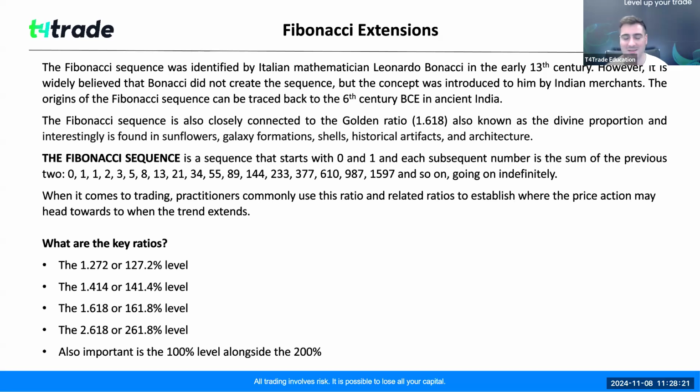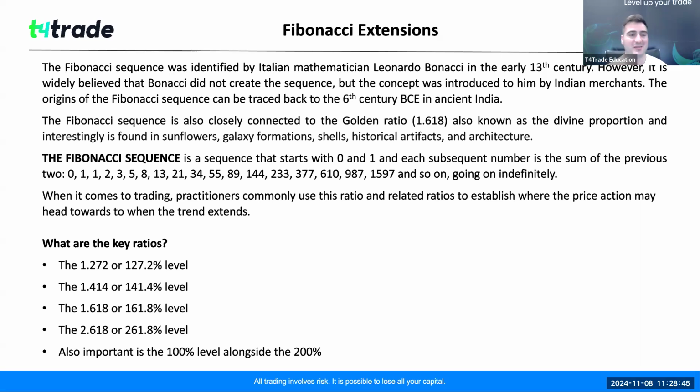Historical artifacts, architecture, you can spot this ratio pretty much everywhere around us. And when something is exactly like that, the golden ratio 1.618, we get some sort of alluring pull within us. For some reason it clicks something within us. It's something that we are drawn towards.